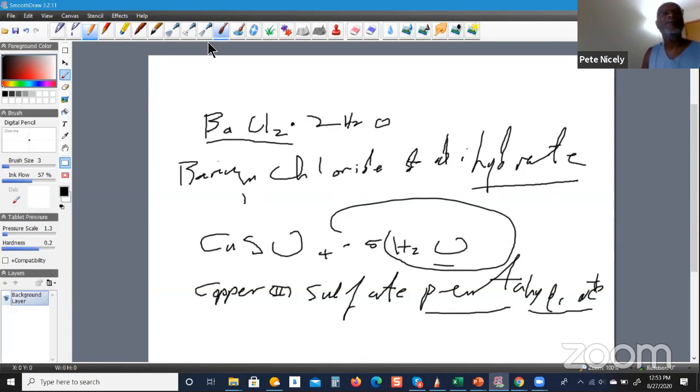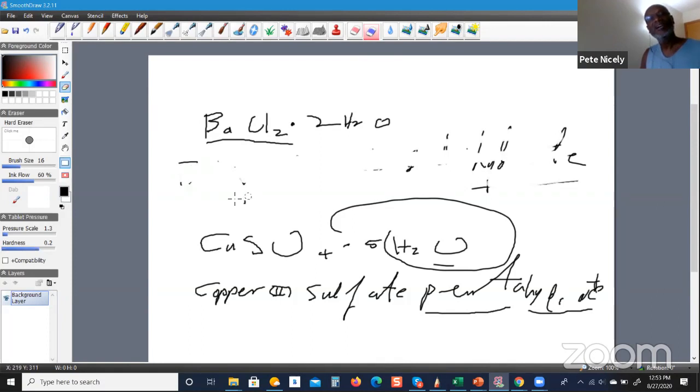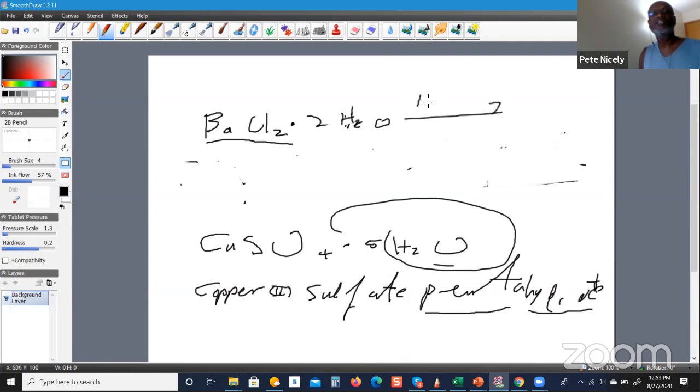Another interesting thing about these compounds is that you can easily remove the water molecules by simply heating the compound to 100 degrees. So for example, in the case of the first one, BaCl2 dot 2H2O, if you heat it to 100 degrees Celsius, you're going to end up with BaCl2 plus 2H2O.